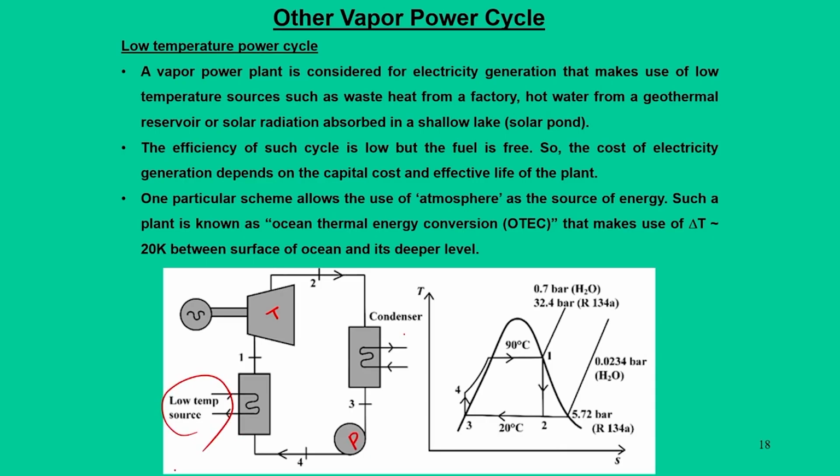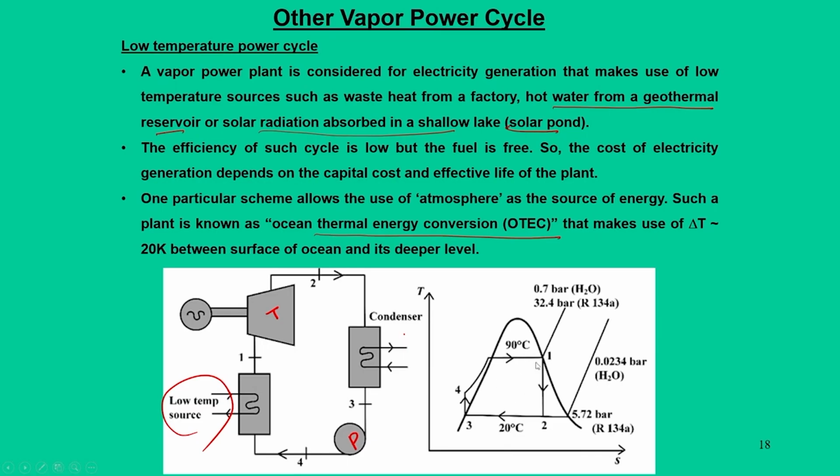This low temperature source could be a solar pond, where solar radiation is absorbed, or hot water from a geothermal reservoir, or ocean thermal energy. The operating limits for this kind of application are normally between 20 degrees centigrade and 90 degrees centigrade.